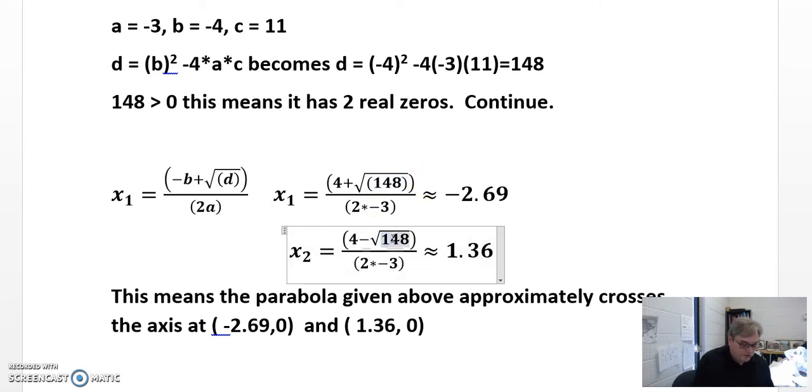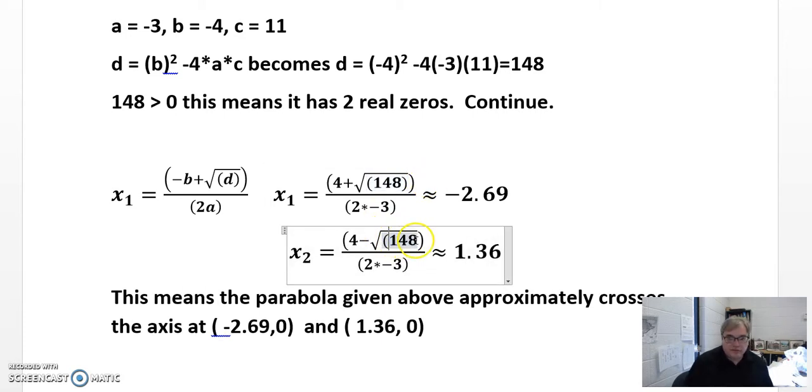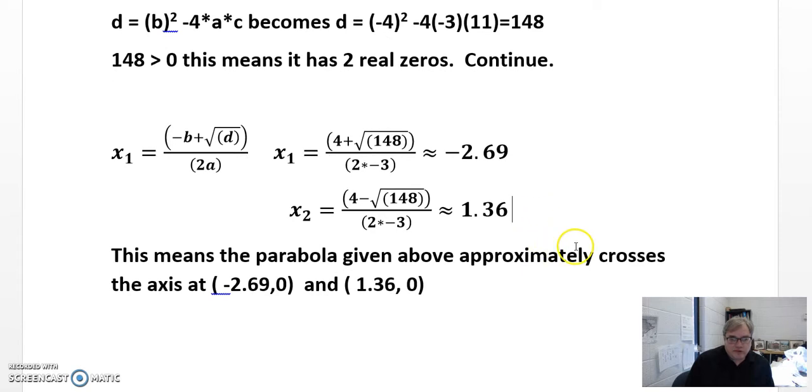Most of your calculators are going to insist on putting that parenthesis in, so you should always have that parenthesis as well. When you calculate this out in one step, you should come up with these two zeros, and that means the parabola is going to approximately cross the x-axis at those two coordinates.